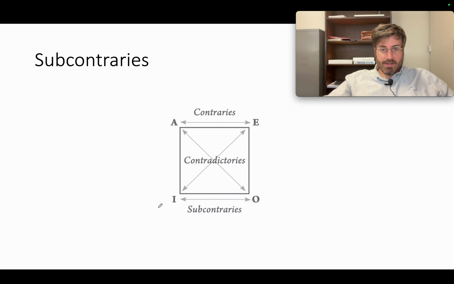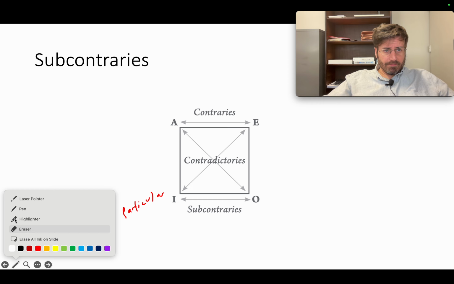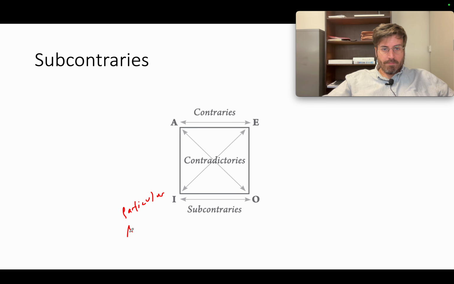We have our particular affirmative, the I, some S are P, and then we have our O category, our particular negative, some S are not P. Please bear with my handwriting here, not the best today.